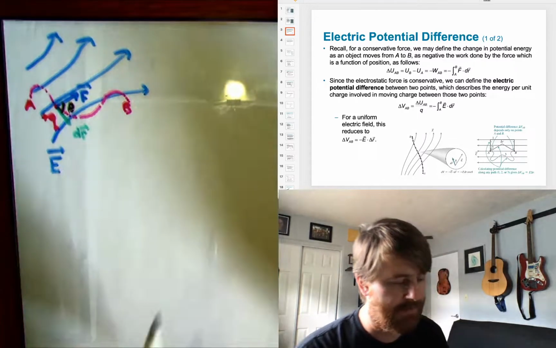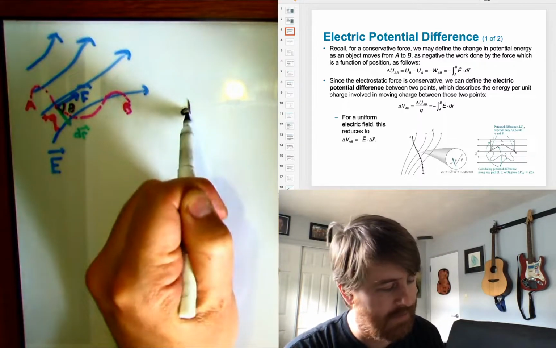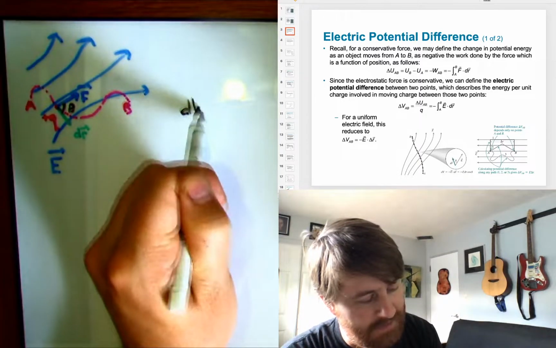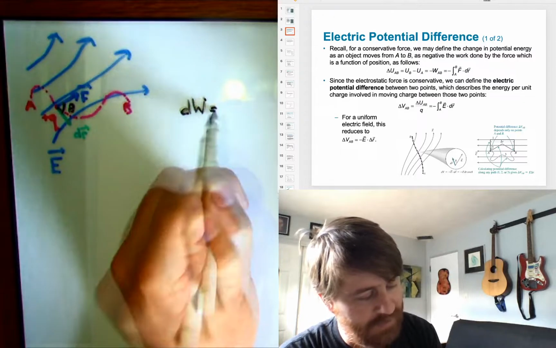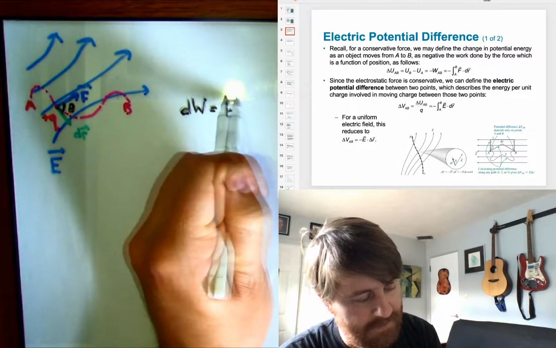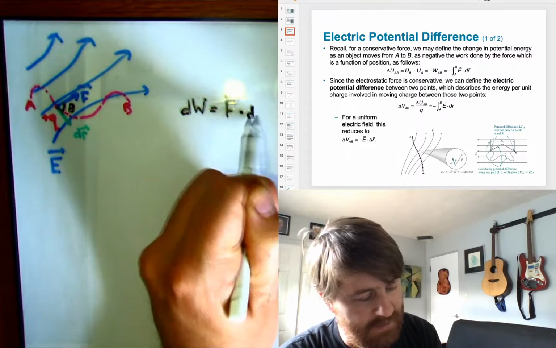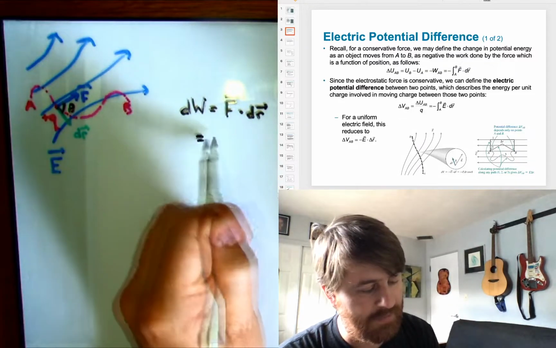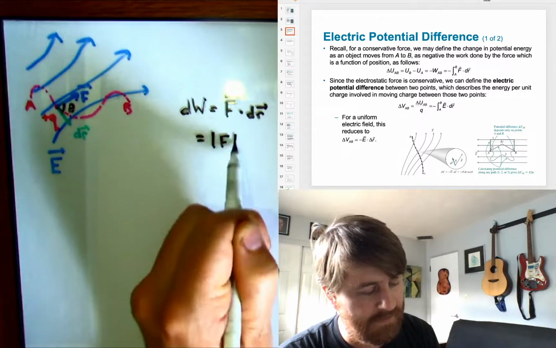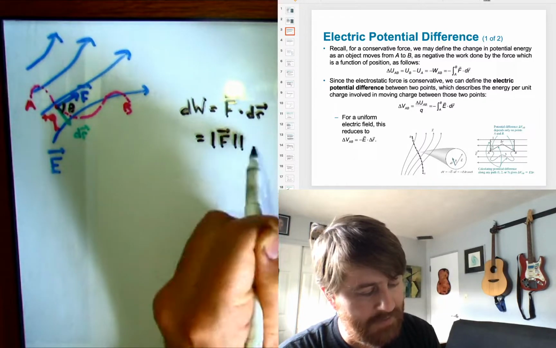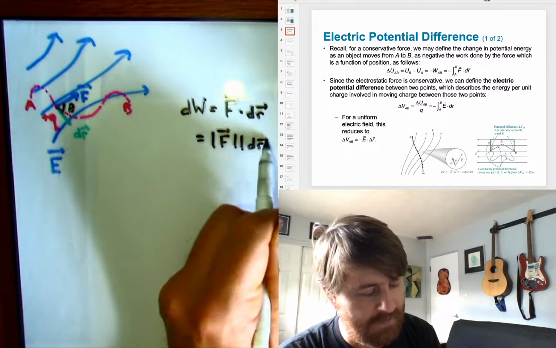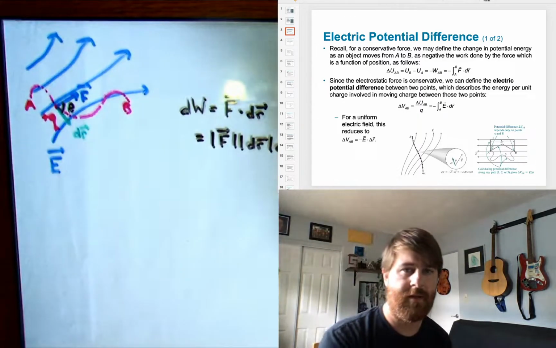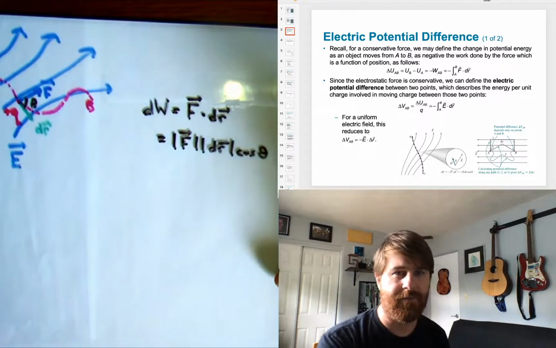So the infinitesimal amount of work that I do in moving the charge over that displacement dr, I'll call that dW, which is F dot dr. This is the scalar product, which is equal to the magnitude of F times the magnitude of dr times cosine of the angle between them, cosine of theta.